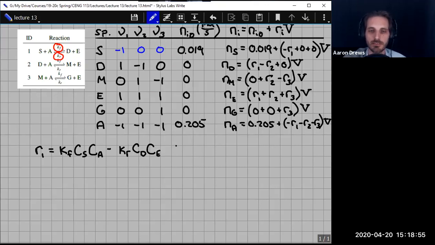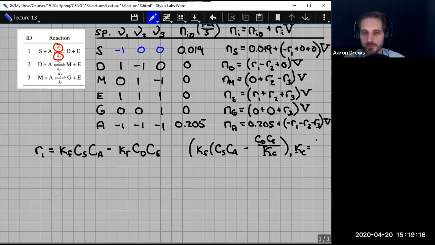This is what we would normally write as something like K sub F times C sub S, C sub A, minus C sub D, C sub E over capital K sub C, right? Those are equivalent, where K sub C is equal to, I want to say it's the forwards over the reverse, little kf over little k reverse. That's perfectly okay, right?